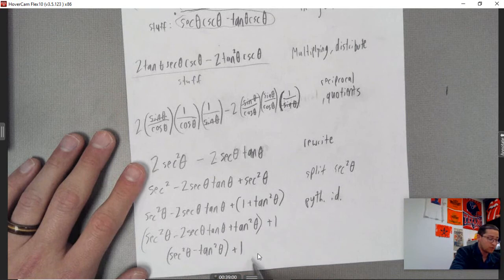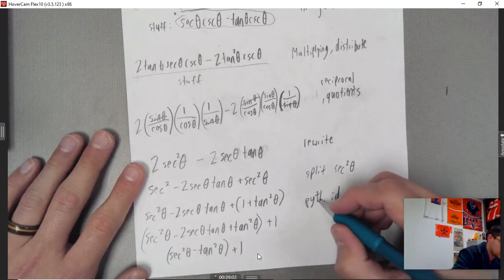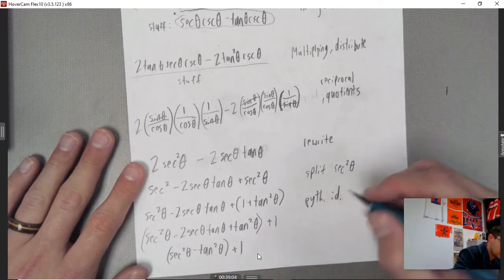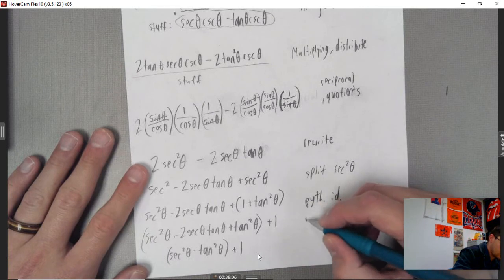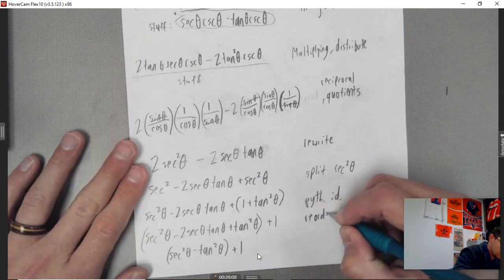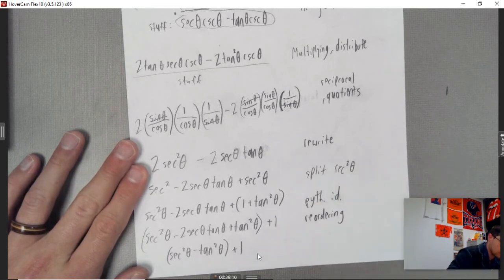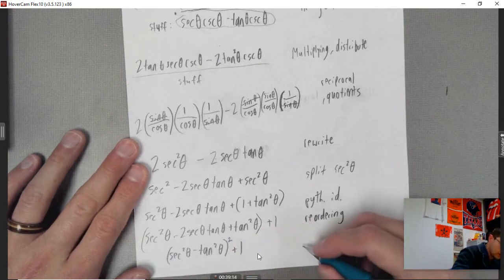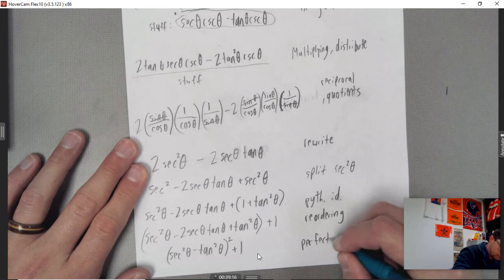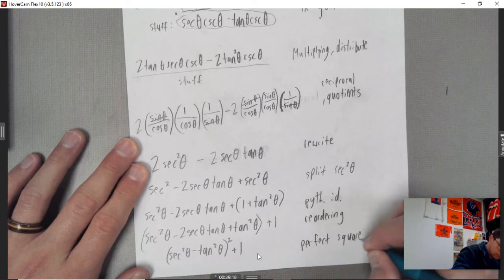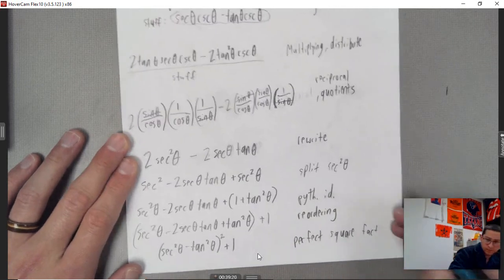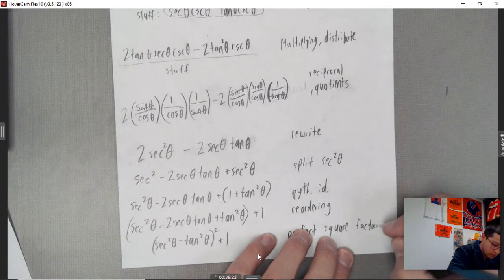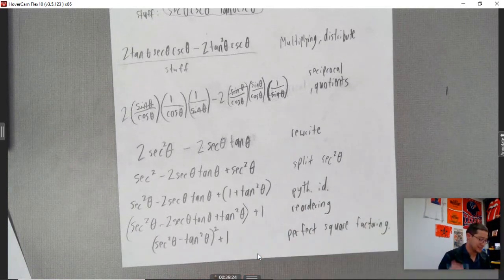So we now have that top part. This is just reordering here. Perfect square factoring here. Okay, then we have it.